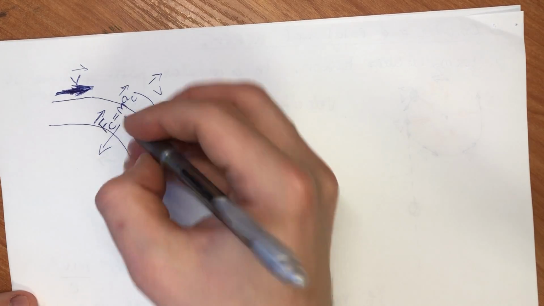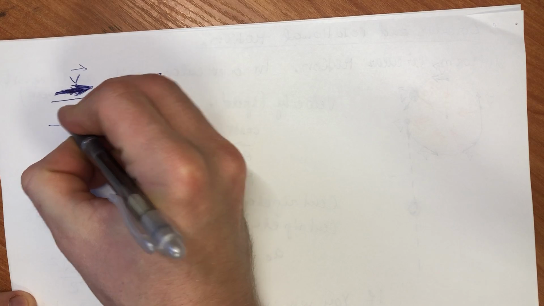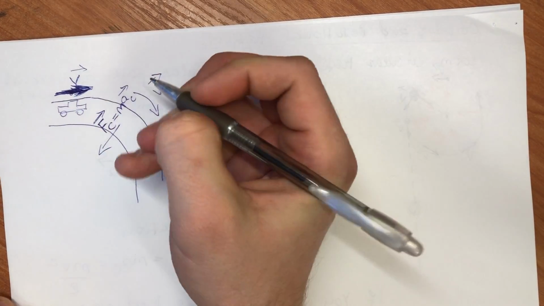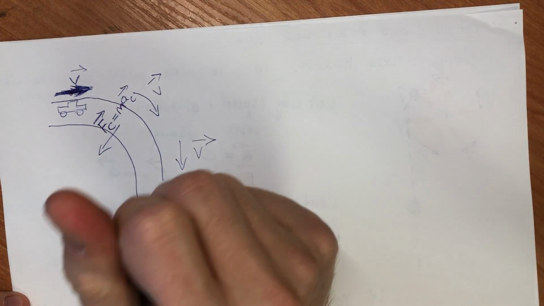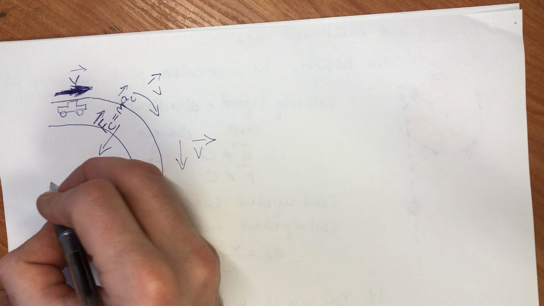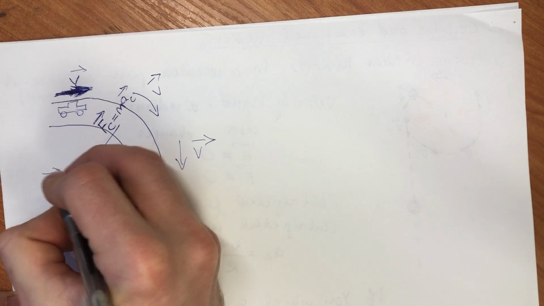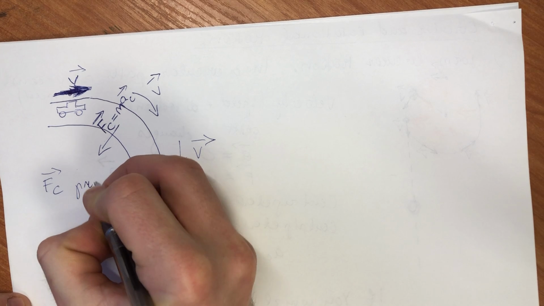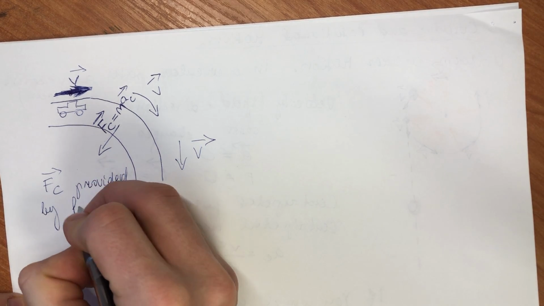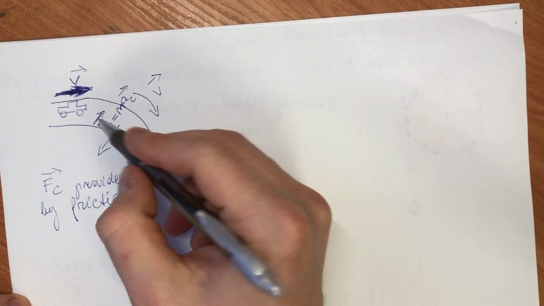Here, if the car is moving, maybe draw this primitive car. If the car is moving in this direction, the centripetal force Fc is provided by the friction which this car has with the road.